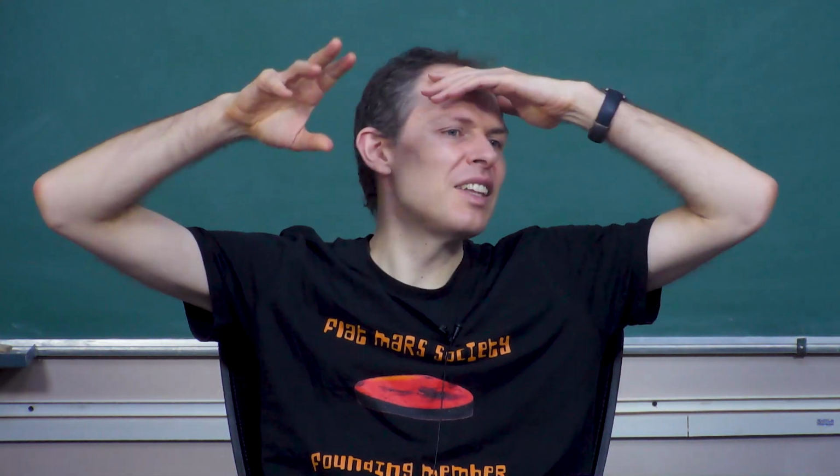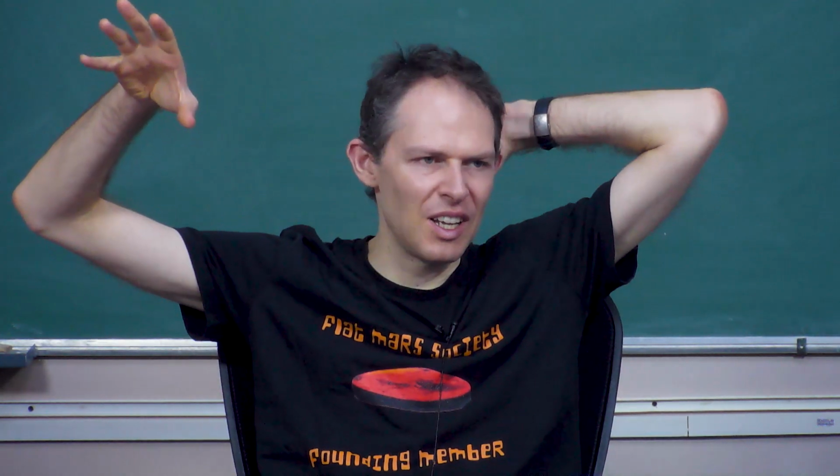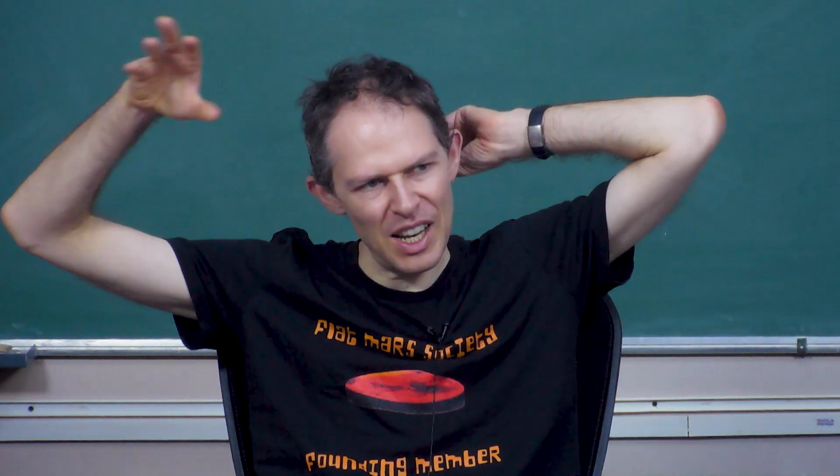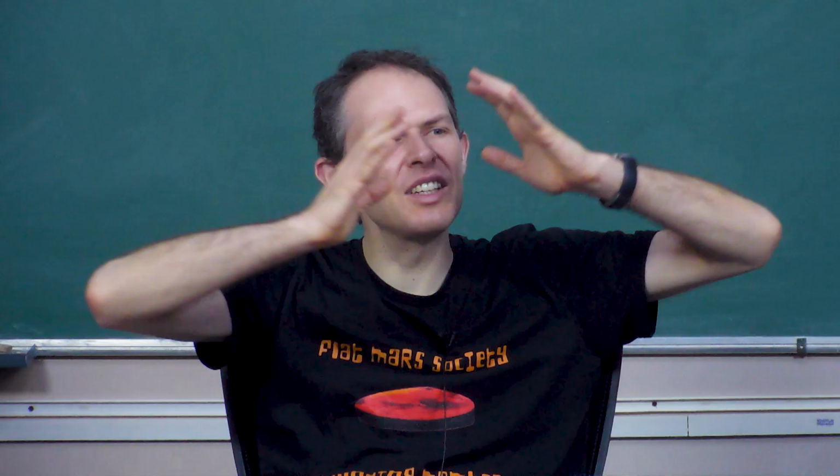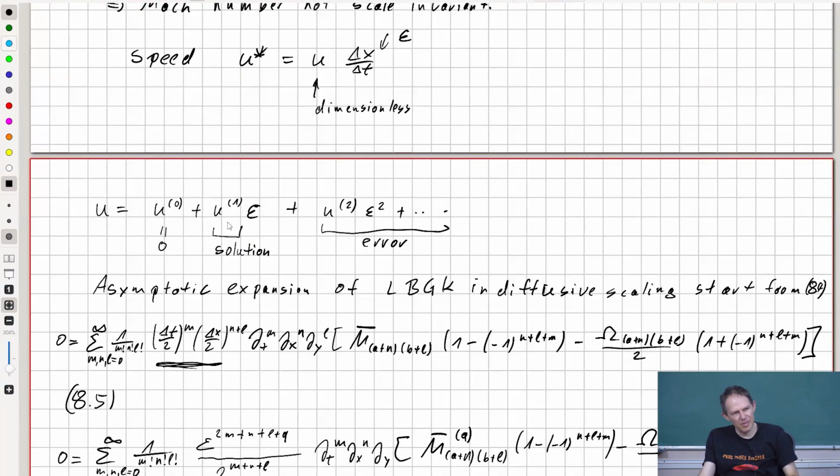This is because delta t is proportional to delta x squared, so the velocity needs to get smaller and smaller. This means that the solution of our equation already needs to be dependent on epsilon.